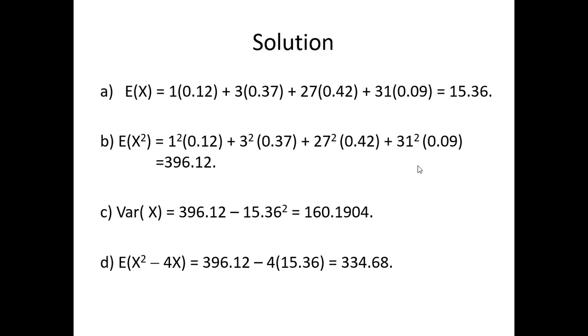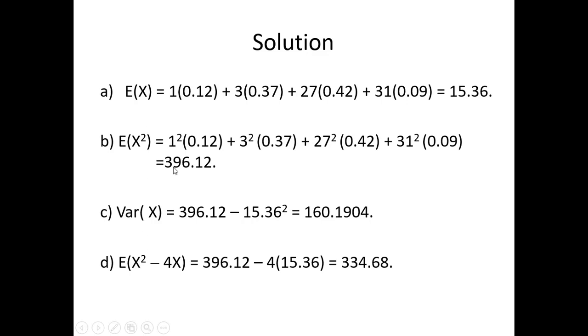Okay, the last part is to find E of x squared minus 4x. You could almost think of this as the expectation of a sum, and it is true. I think I mentioned it in a previous video. The expectation of a sum is a sum of the expectations. So we can break this up and find E of x squared.